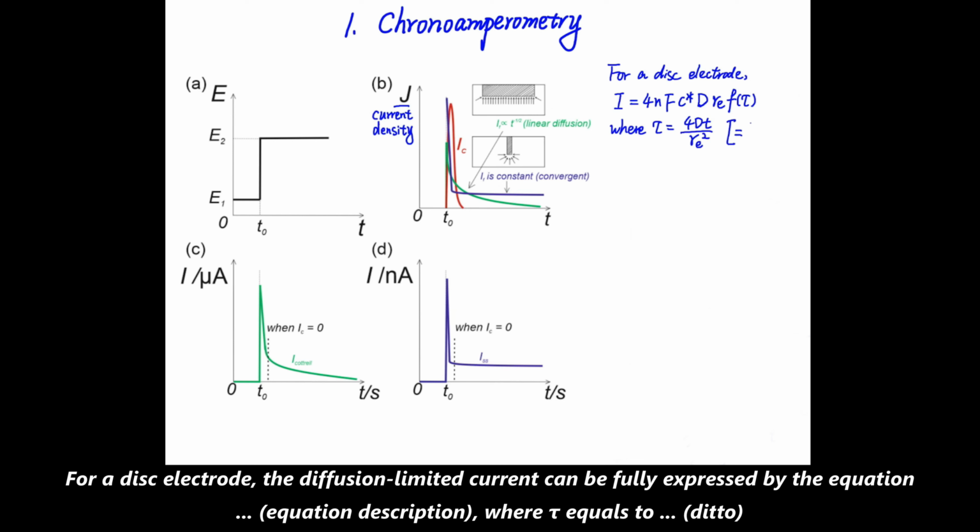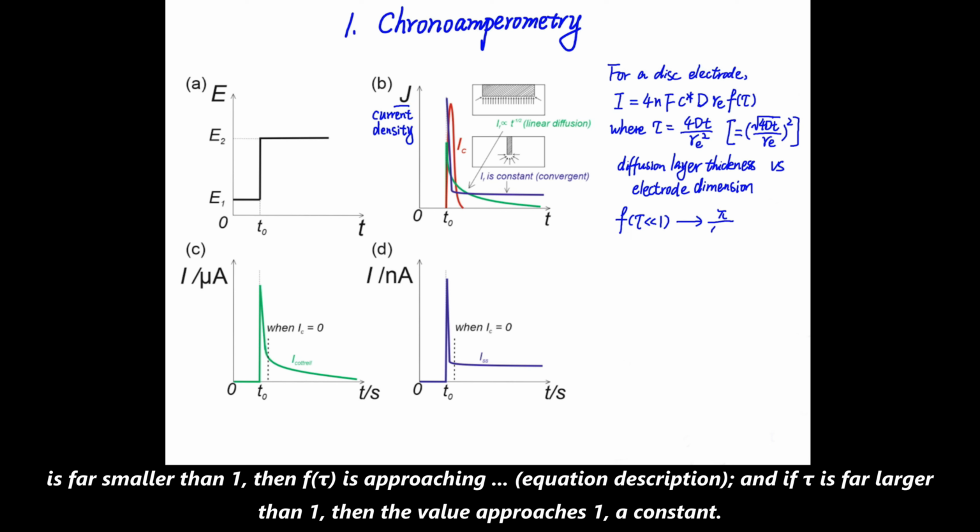And calculations have been made to show that if τ is far smaller than 1, then f(τ) approaches the square root of π over 4τ, and if τ is far larger than 1, then the value approaches 1, a constant.